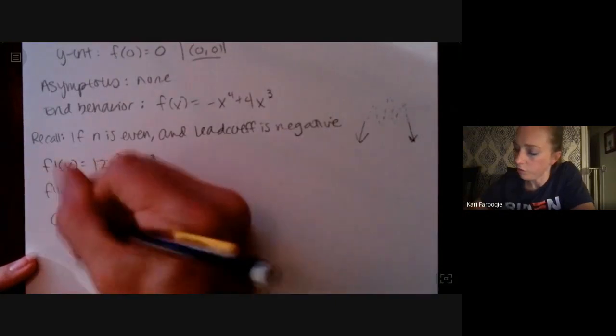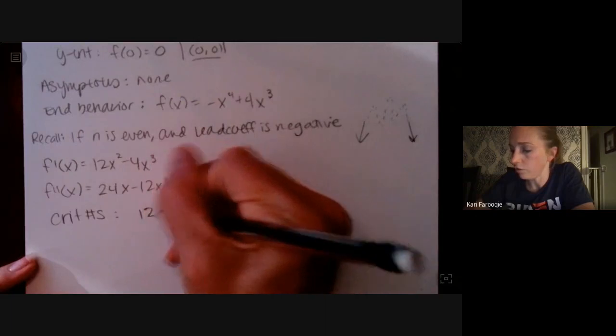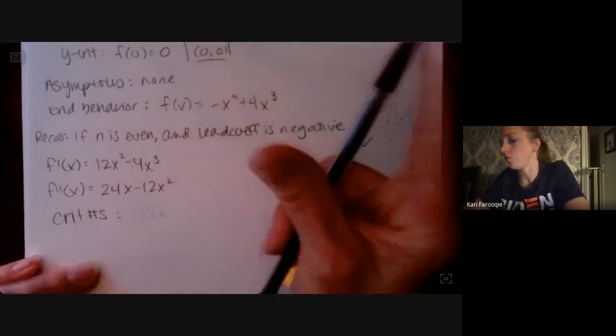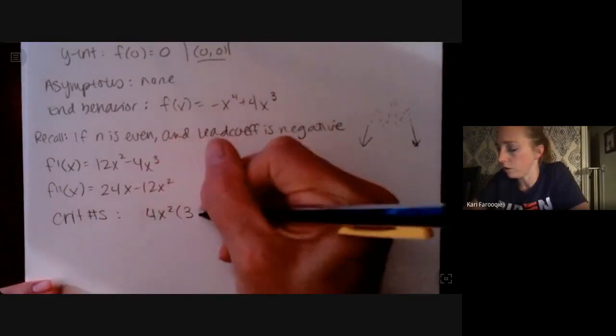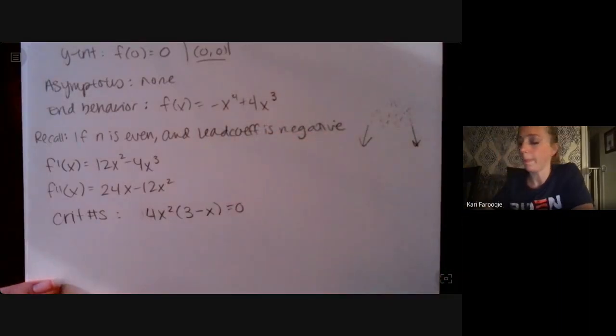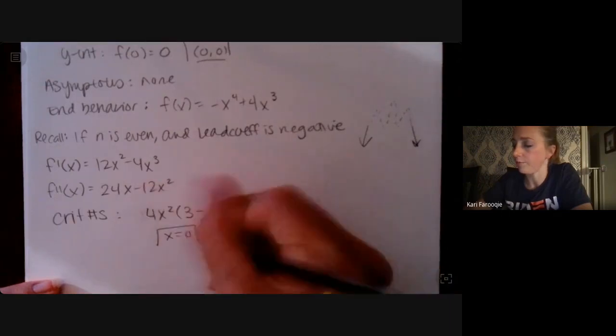When we're looking for critical numbers, we're going to take our first derivative and set it equal to 0. So go ahead and take your first derivative and factor out a 4x squared. That leaves you with 3 minus x equals 0, and x equals 0 and x equals 3.